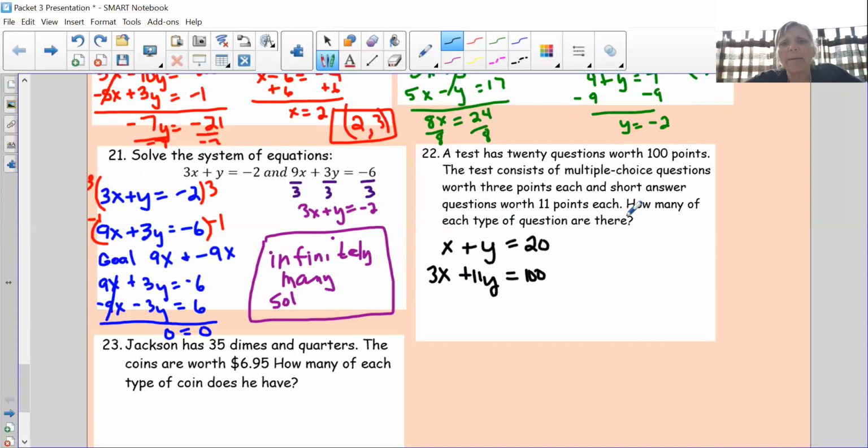Okay, now how many of each type there? So there's multiple choice and there's short answer. So I am going to look at this and say, am I going to substitute or am I going to eliminate? Well, since it's ax plus by, I'm going to eliminate. So I'm going to make myself a goal here. I'm going to say I need a 3x and a -3x.